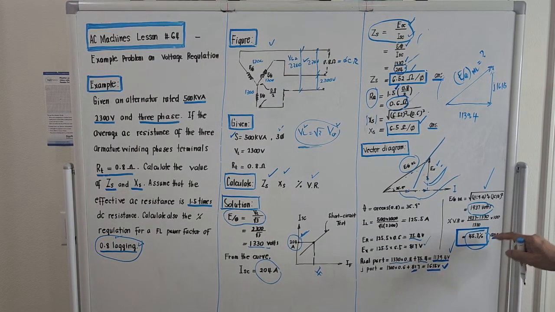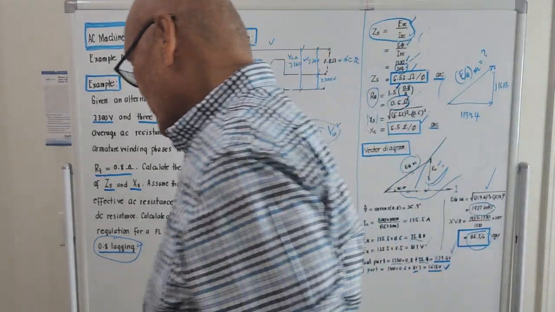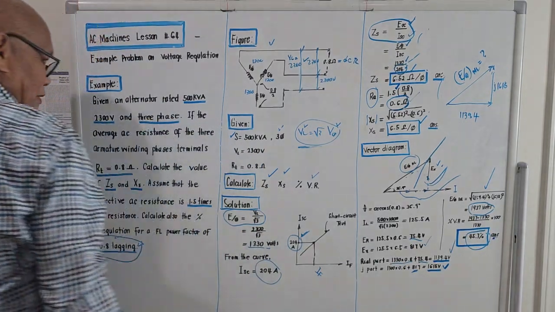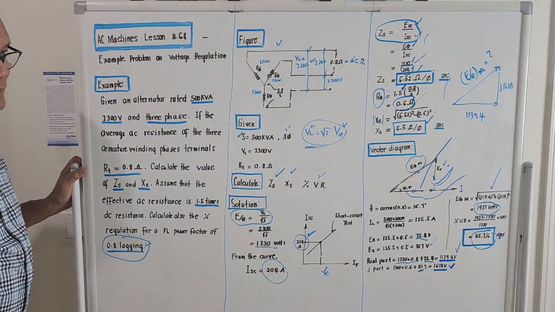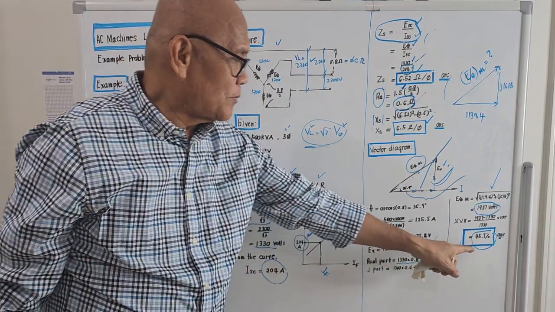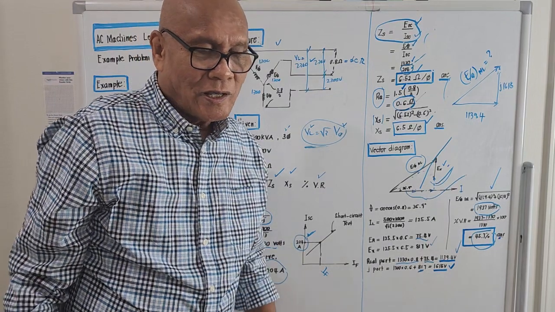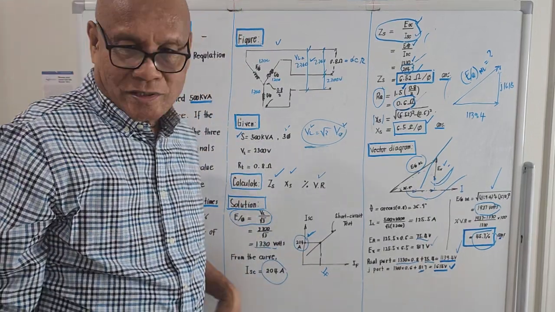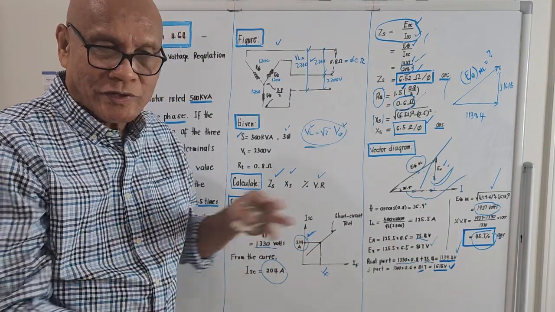This is high. The alternator has parameters which give us a big voltage drop. That's why the percent regulation is very high, 45.7%. That's understandably expected, because an alternator is a moving machine, right?